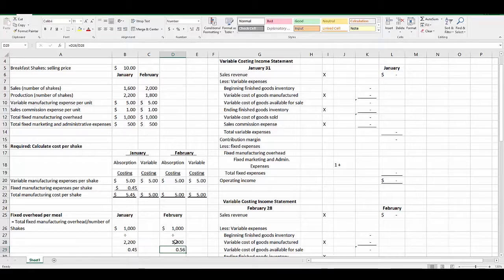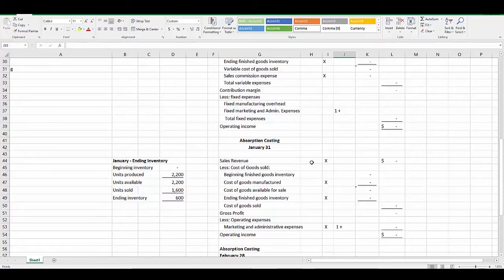As you can see, the fixed costs don't change, but if you assign fixed cost to the number of units that you make, the fixed cost per unit will increase or decrease depending on whether you make more or fewer products. Now that we have our unit price, we will insert it up here under absorption. For February, the cost per shake is $5.56.